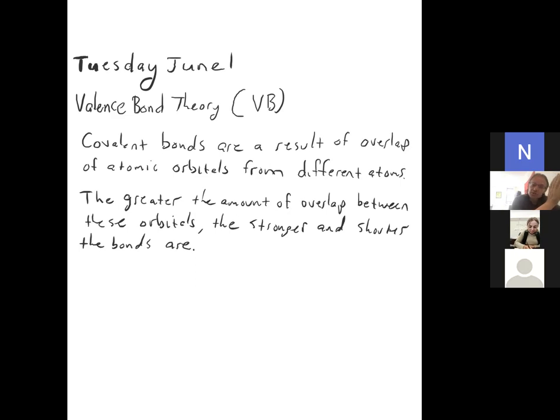The stronger a bond is, in general, the shorter it is, which is interesting, meaning that if you have a large amount of overlap, the atoms tend to be close to each other. The further apart they are, the weaker the bond is. So bond length can be used to figure out how strong the bond is. If it's a short bond, it's probably a stronger bond. If it's a longer bond, it's probably a weaker bond.